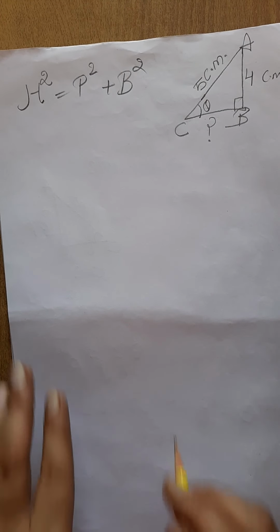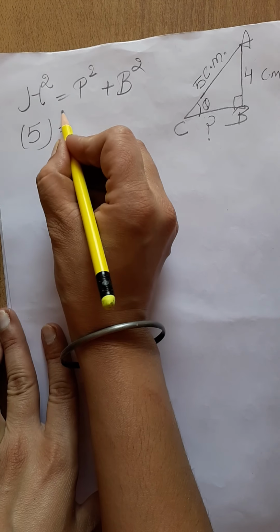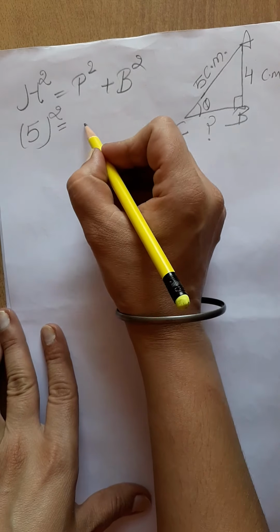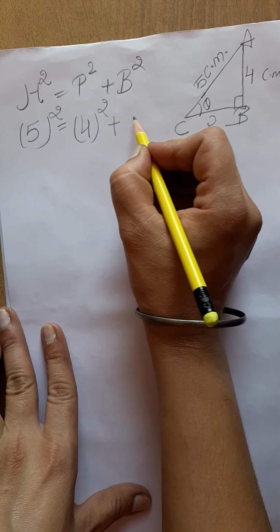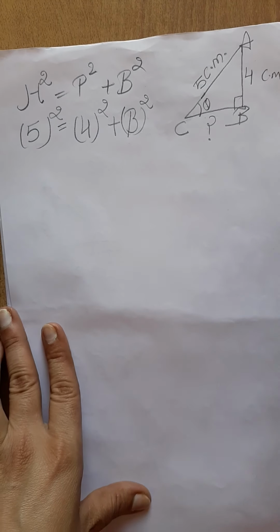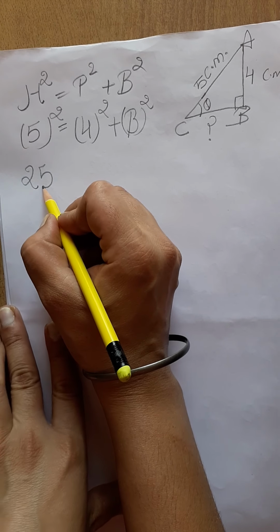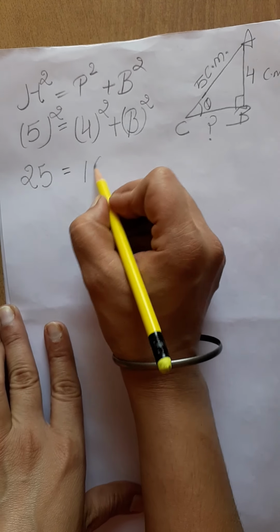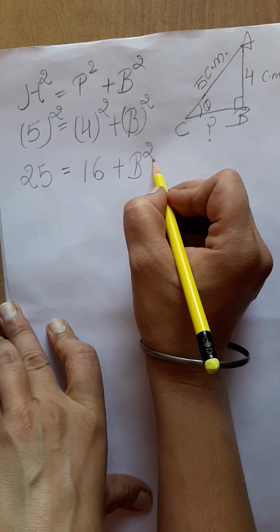And now putting all the values in this formula, you put 5 in place of H and 4 in the place of P, and put B as it is because we don't know the value of B. Now 5 to the square, we get 25. 4 square is equal to 16 plus B square.